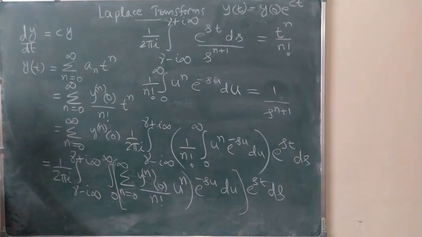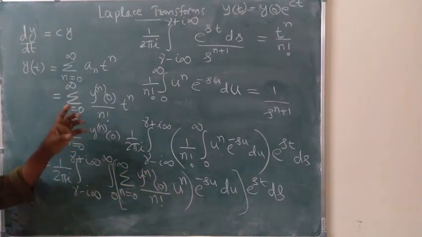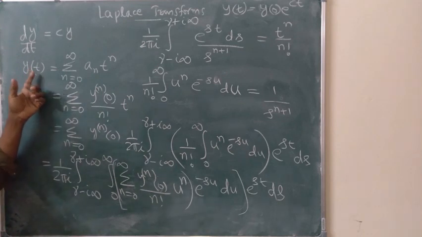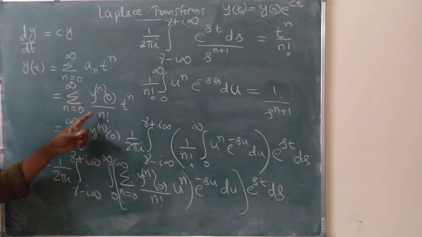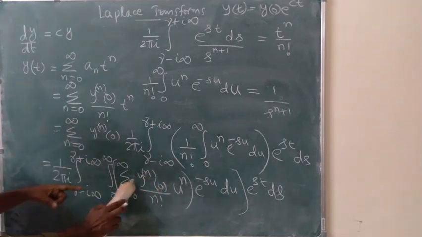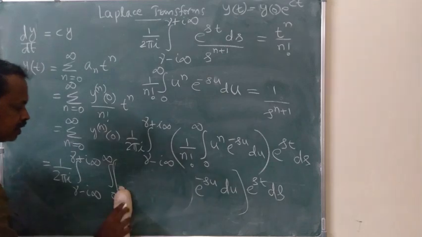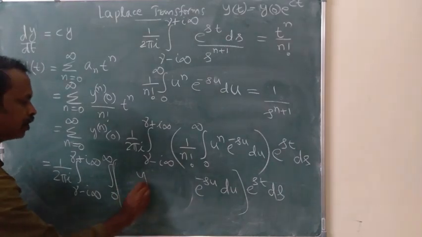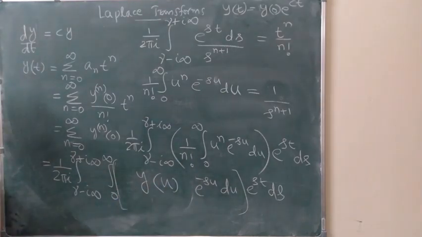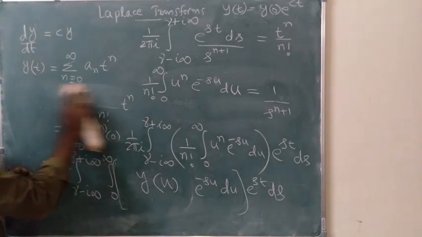Okay. Now we see that this summation that appears here is nothing but y of u. See, from here you can observe that instead of t, here it is u. So this summation can be replaced by y of u. So what do we have? We started from here y of t and we ended up here. So this is a representation of y of t.